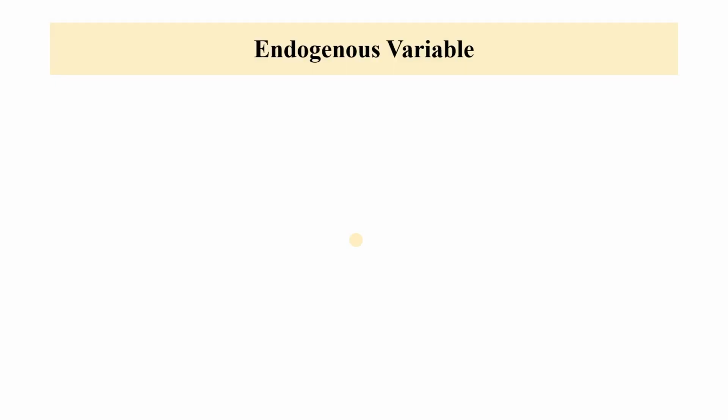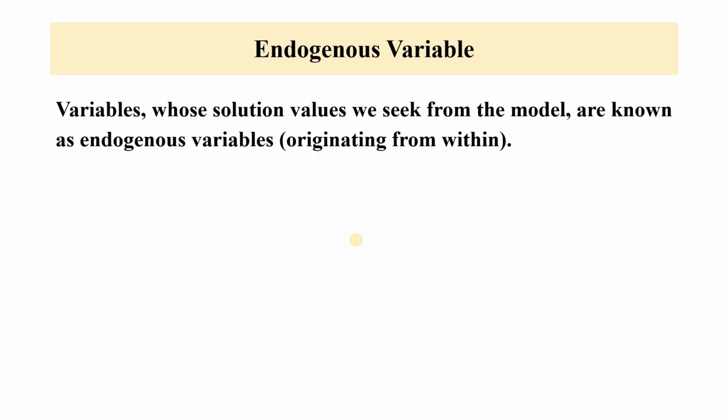Let's first see the endogenous variable. In simple definition, variables whose solution values we seek from the model are known as endogenous variables. Actually, a properly constructed economic model can be solved to give us the solution values of a certain set of variables, such as the market clearing level of price.